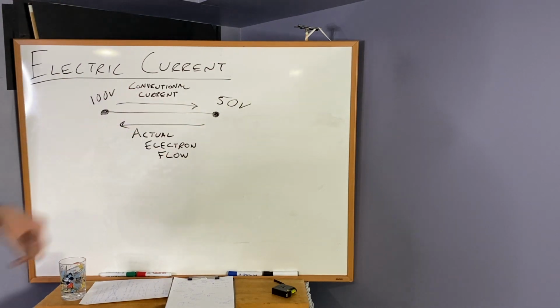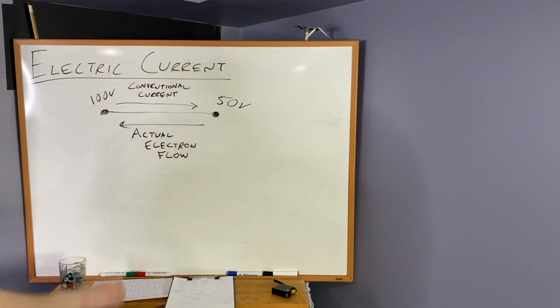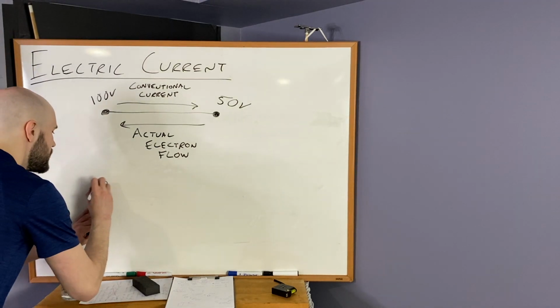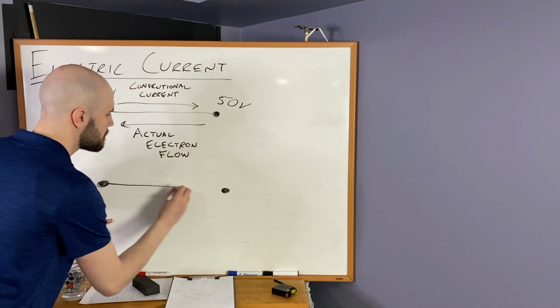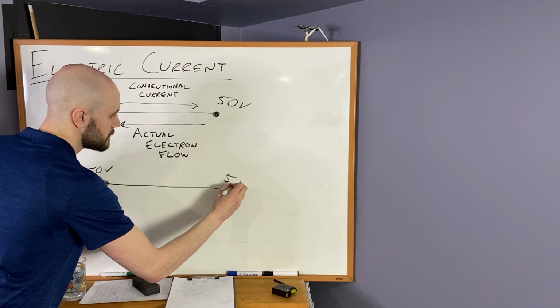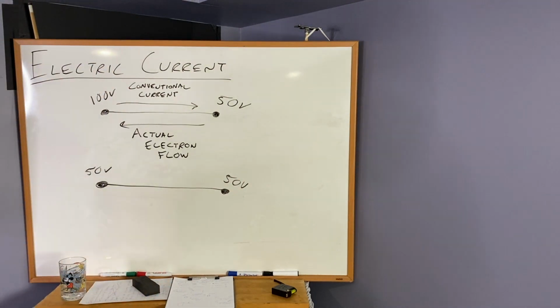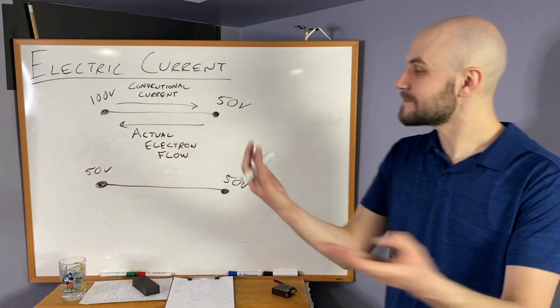So conventional current will flow in this case because there's a potential difference and there's a connection between these two points. Will there be a current flow in this situation? Let's say I have 50 volts here and 50 volts here. Will there be current flow? There won't be any current flow because this is our lake situation. There's no difference in height.